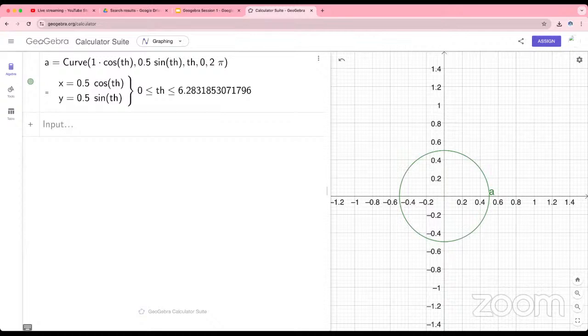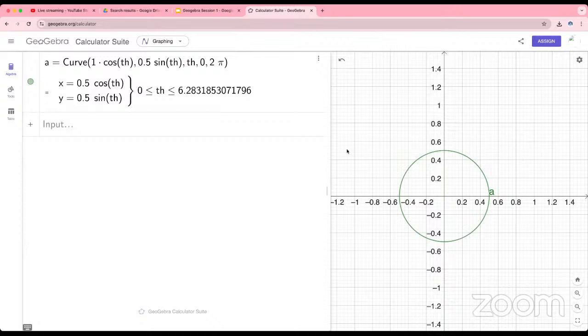Let me repeat the question once again. For the curve expression I have written, if I keep the constants of cos theta and sin theta the same, then the output is a circle. But what if I change it with something, let's say a cos theta, comma b sin theta? As Prasanna ji is saying, the output is an ellipse. And why so?